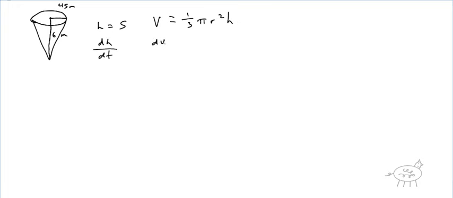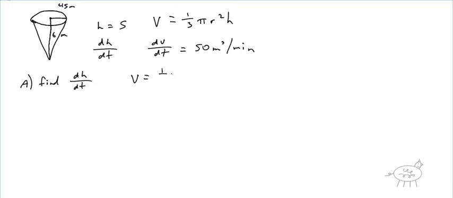And once again, we're given dV/dt is equal to 50 meters cubed per minute. Okay, and so A is going to be find dh/dt.